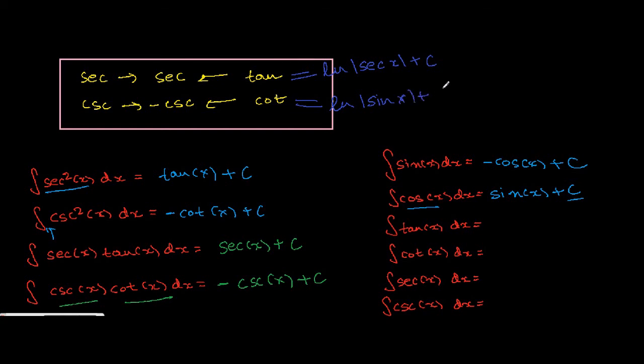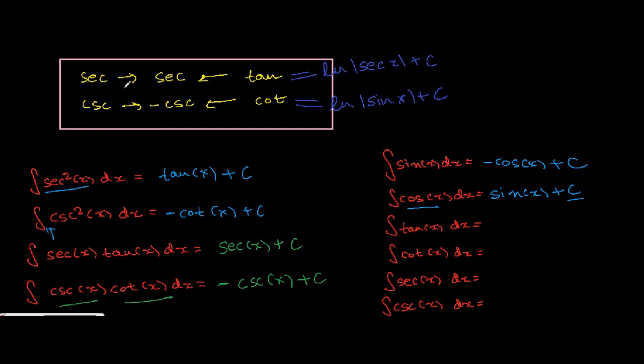Remember, every single trig function, tangent, cotangent, cosecant, and secant, except sine and cosine, are all logarithmic functions, or the integral of these four single trig functions is gonna give you logarithmic functions.